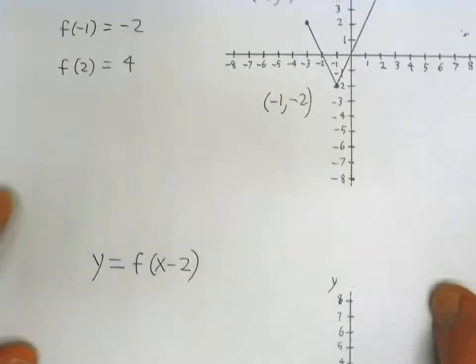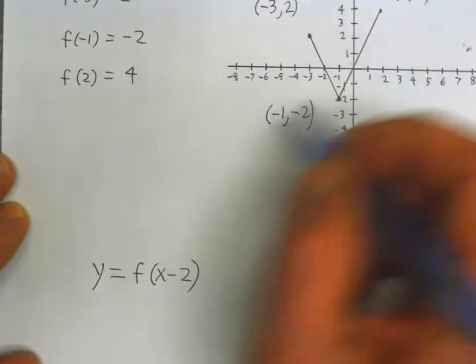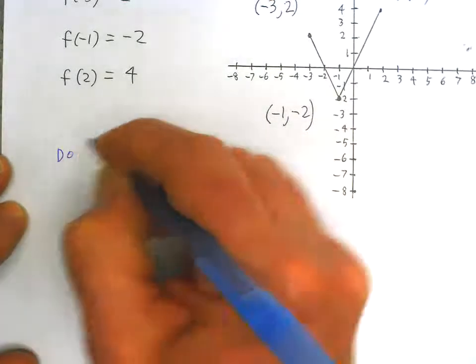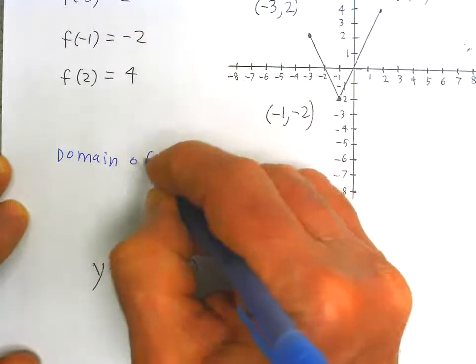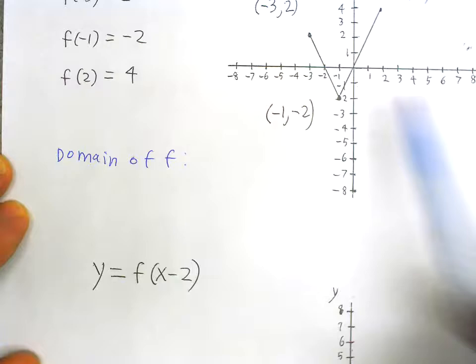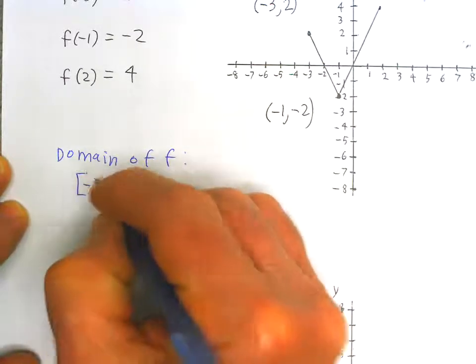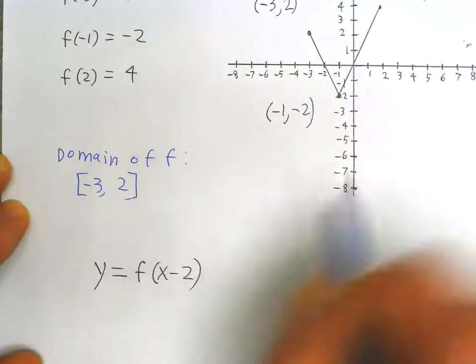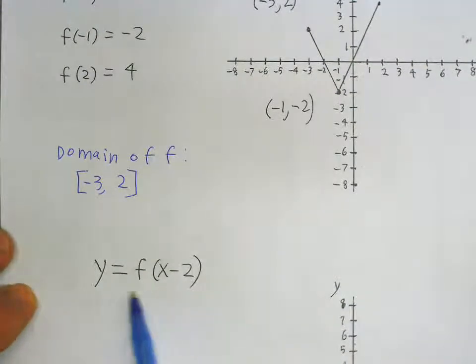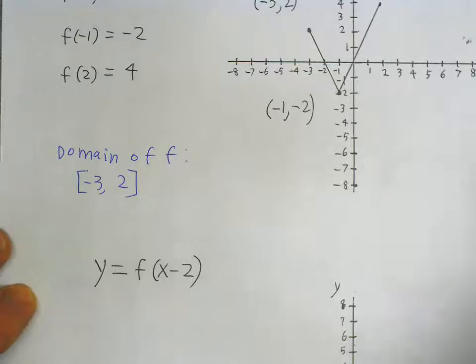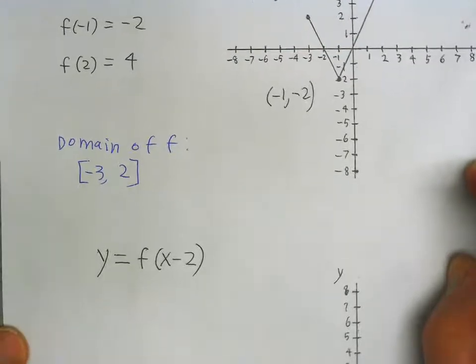But one way to explain that, note that the domain of f is from -3 to +2. -3 to +2 is the domain of f. So the domain of f of x minus 2 is not the same as the domain of f.